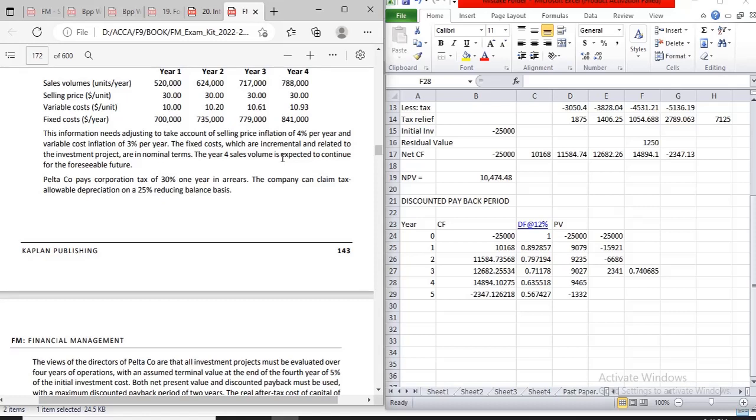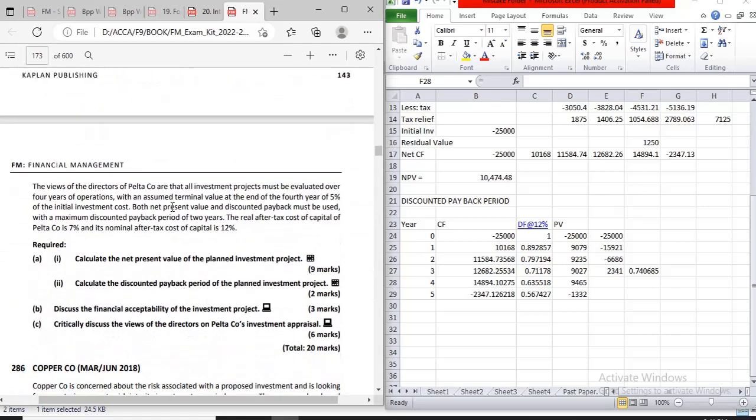But the director's view is that the investment project should be evaluated on the basis of 4 years, which does not make sense, right? So in order for the investment appraisal to be accurate, sales after 4 years should also be considered.